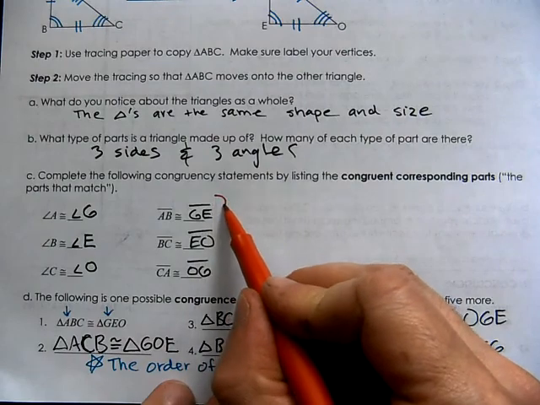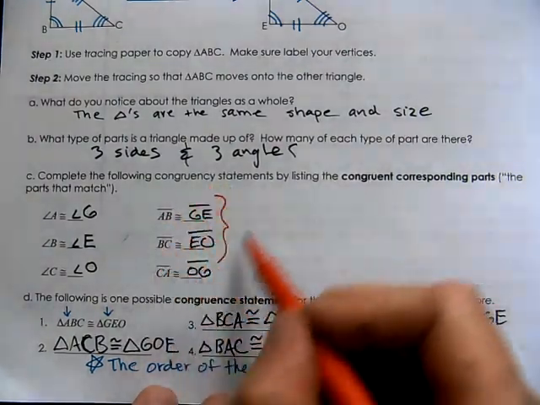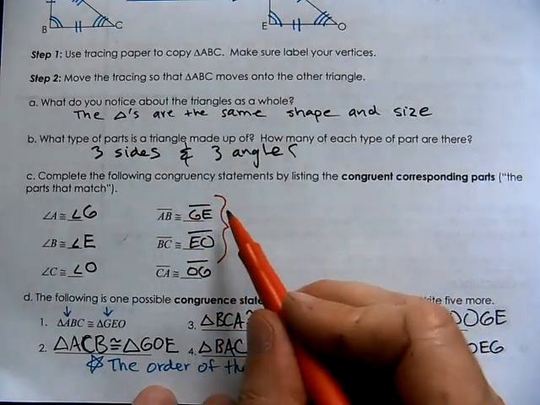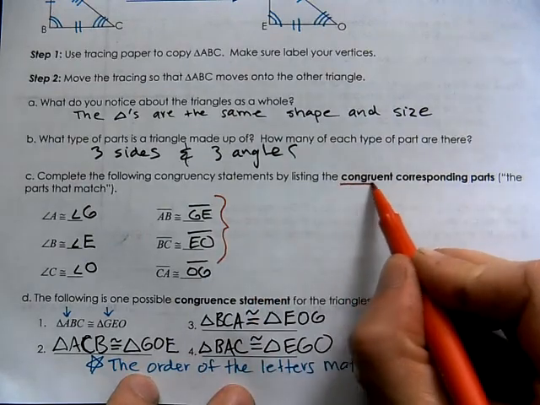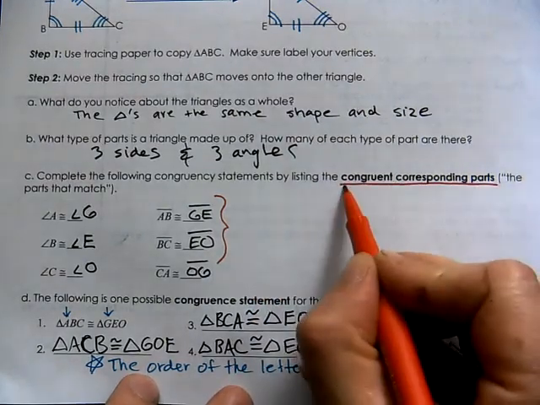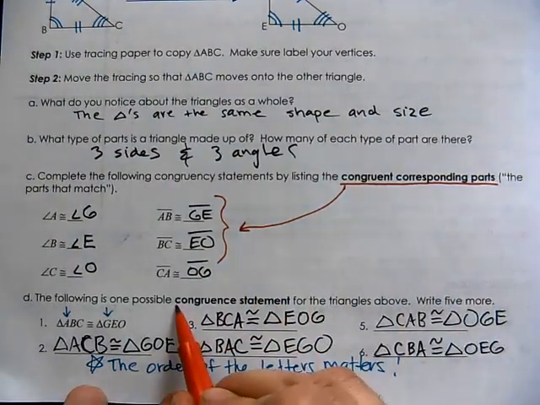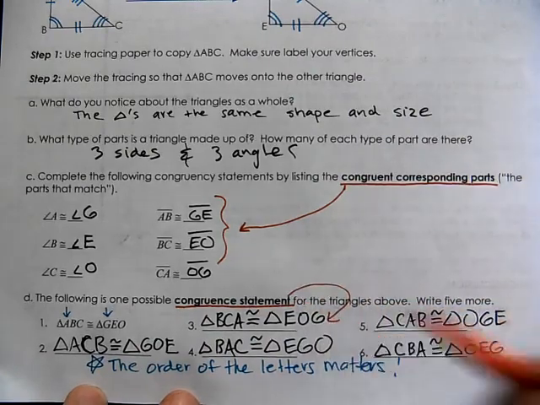So on the homework you're going to notice a difference between these. These we are not calling congruency statements. They're actually going to be described as congruent corresponding parts. And when it says to write a congruence statement, that is going to name the entire figure.